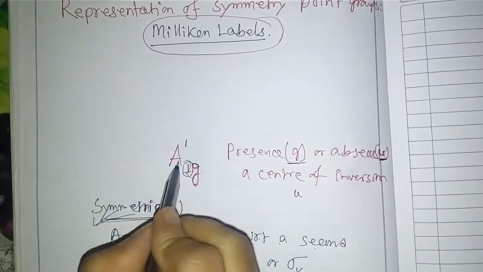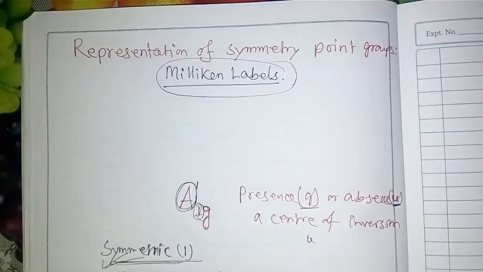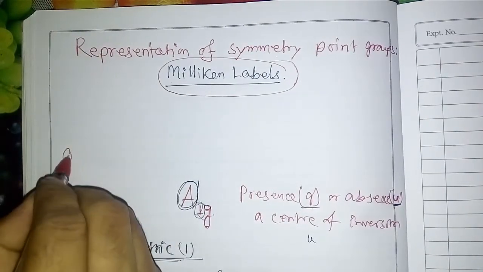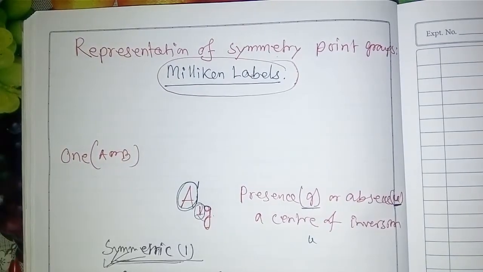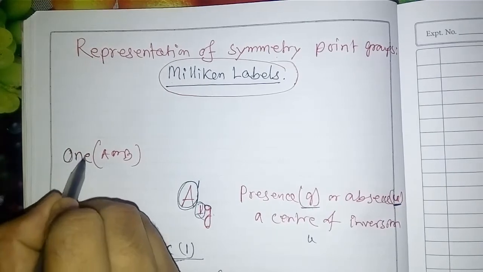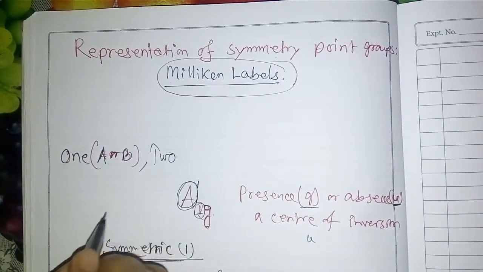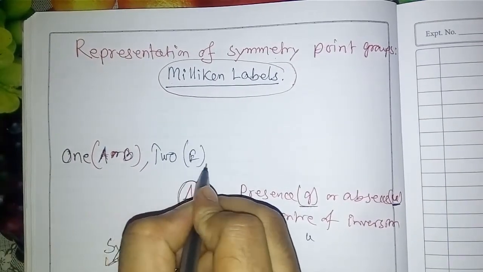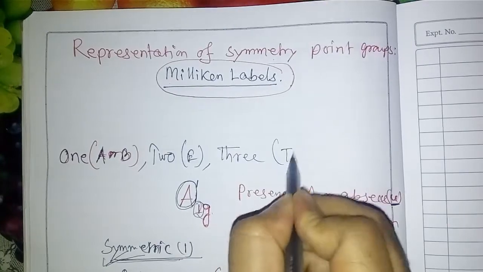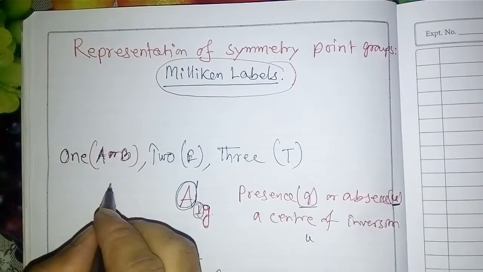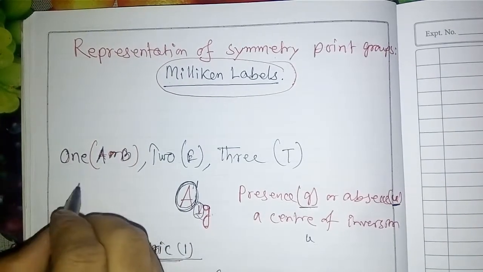Okay, now what about this A? See, if 1 here, that means you can use A or B. If 1, you can use A or B. If 2, that means you can use E. If 3, that means you can use T. This is called dimension representation.